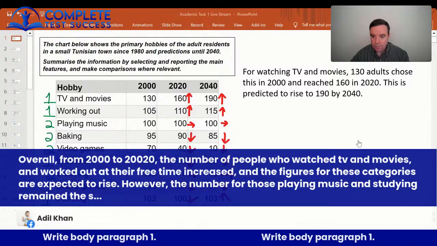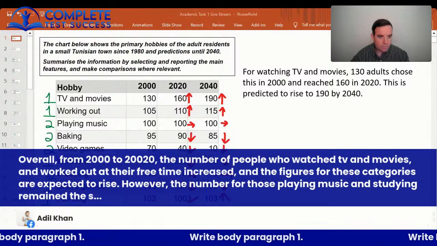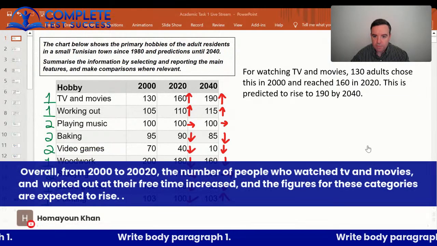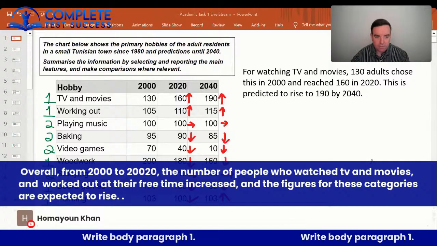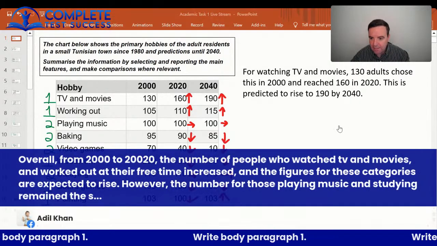Okay. Overall, from 2000 to 2020, we looked at this already, did we? No. There's another student who made the exact same mistake with the year 2020, 220,020. Anyway, this is Adil. Hi, Adil.